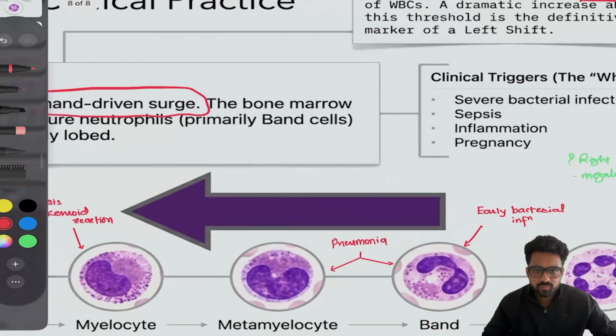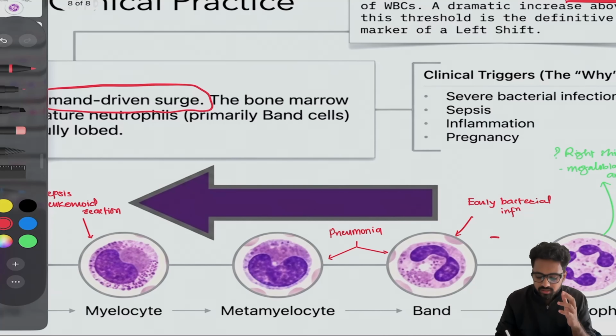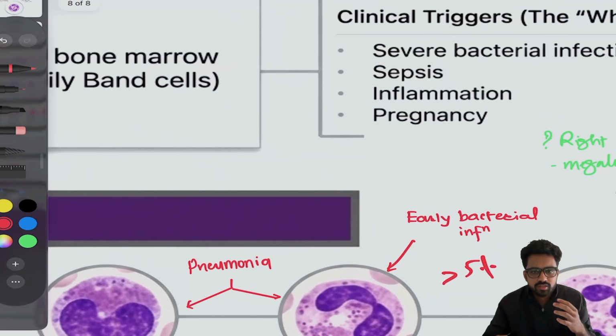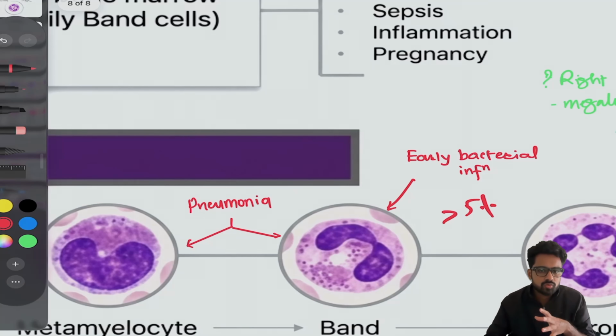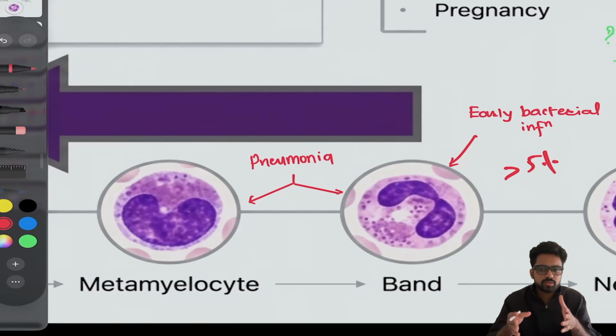So if we get a higher percentage of band, that is greater than 5% or greater than 10%, then we can suspect an early bacterial infection in the patient, so rule out that. Then if we get a left shift up to metamyelocyte stage in the peripheral smear, you can see, for example, in a pneumonia patient.